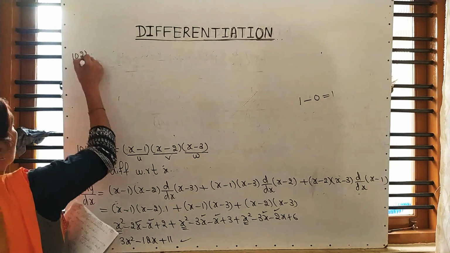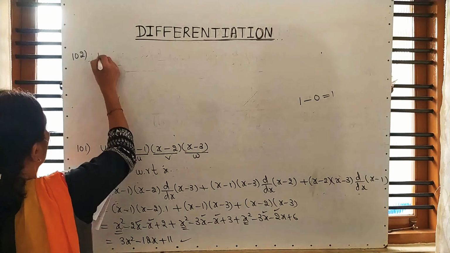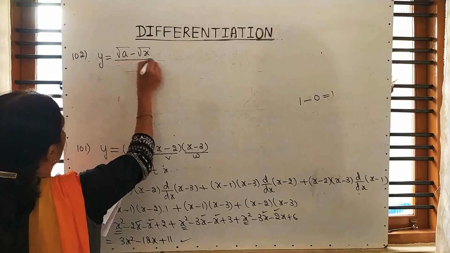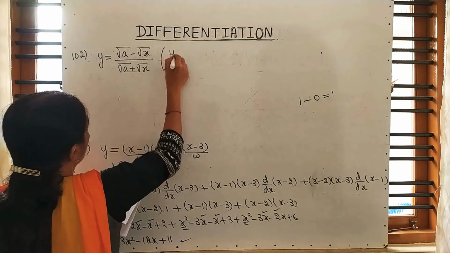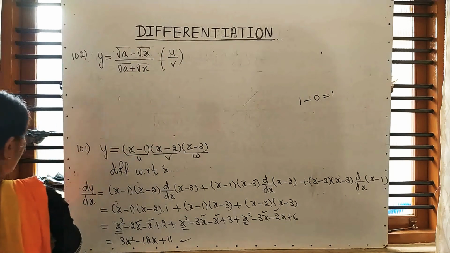Next question number 102. Y is equal to root a minus root x upon root a plus root x. See students, this is also the u by v method, and here root a is a constant, correct?